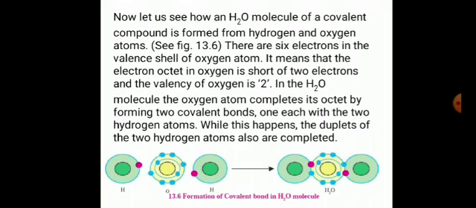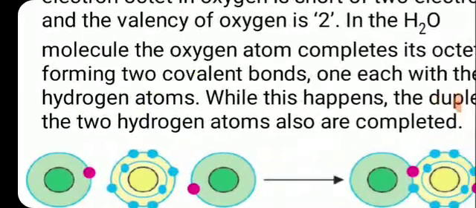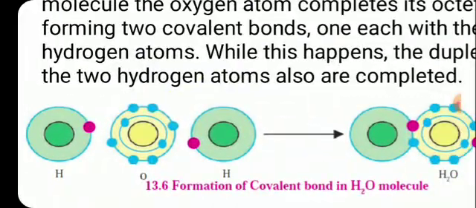In the H2O molecule, the oxygen atom completes its octet by forming 2 covalent bonds, one each with the 2 hydrogen atoms. While this happens, the duplet of 2 hydrogen atoms also are completed. Children, this can be easily understood by seeing this diagram.